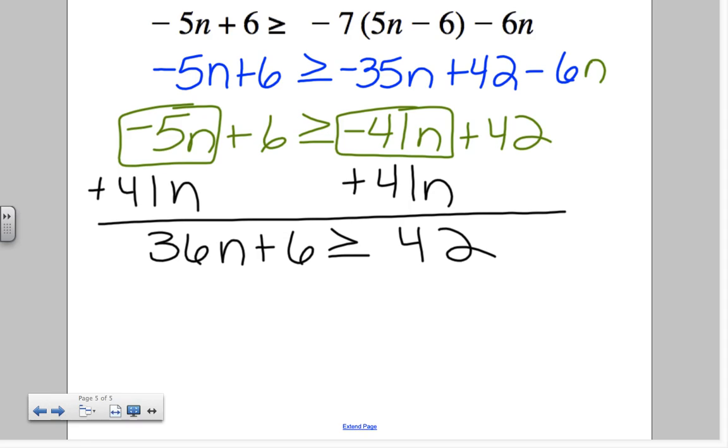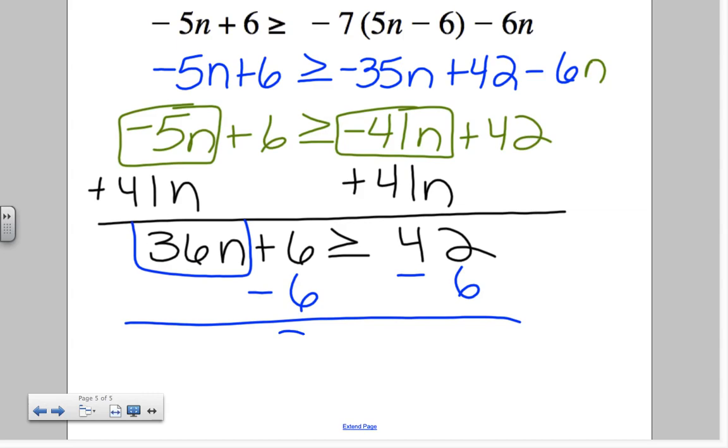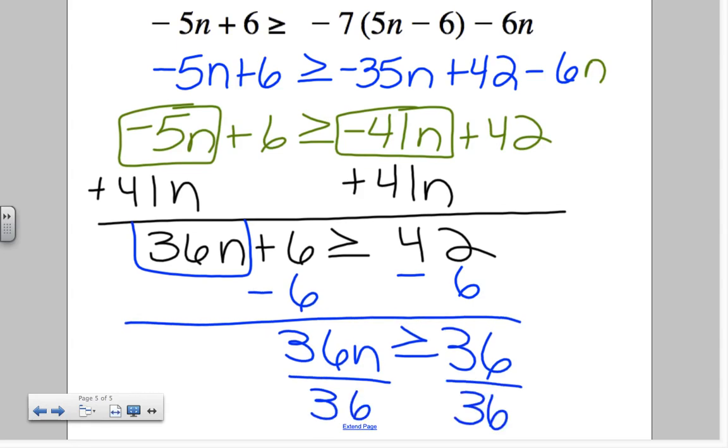It has a mind of its own. It's computer technology. So we're going to subtract 6 on both sides. I'm going to get 36n is greater than or equal to 36. I'm going to divide by positive 36. Does that flip the sign? No, it does not. So n is greater than or equal to 1. You okay with that?